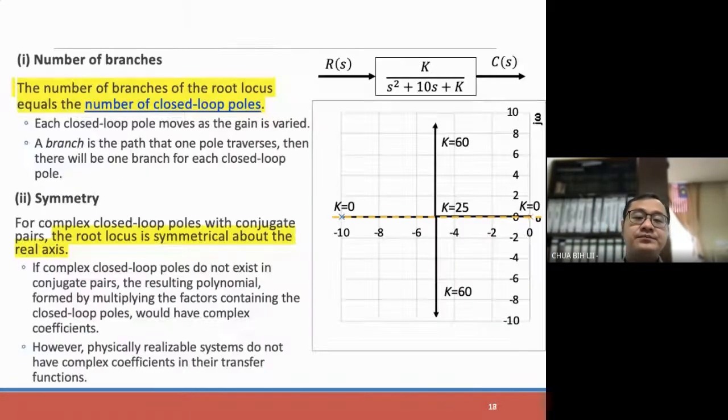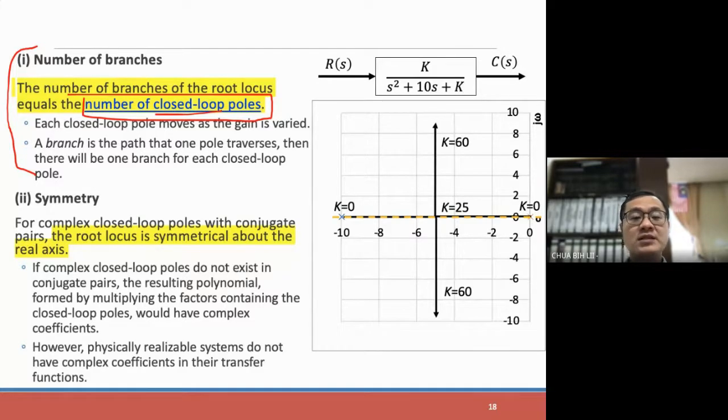So the first one is the number of branches, which is based on certain rules. The number of branches basically depends on the number of closed loop poles. Closed loop poles means you refer to the poles which consist of the forward transfer function as well as the feedback transfer function.